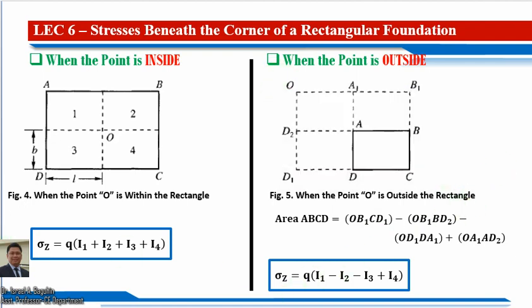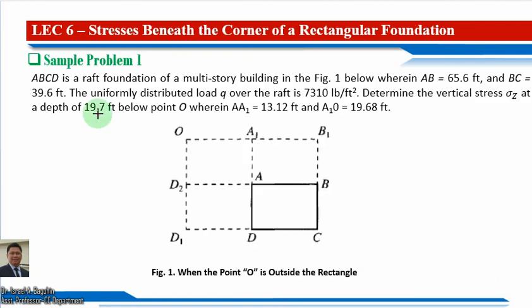So we have here a simple problem to use the formulas or even the given chart if we really wanted to, but as of this time we are more on the formula, how to apply the formula in calculating the vertical stress.